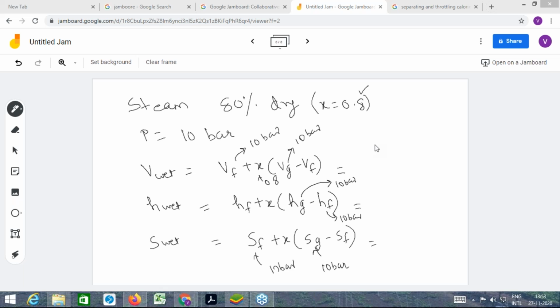Correct, Kunal, your entropy value is correct. Sharvari has also got it right. So Sharvari, Gunjan, and Kunal have got the entropy values also. Where is Gargi?